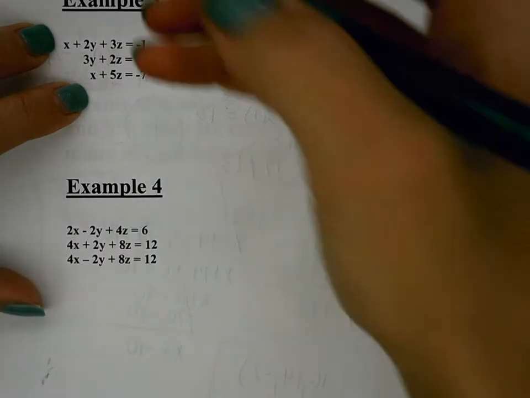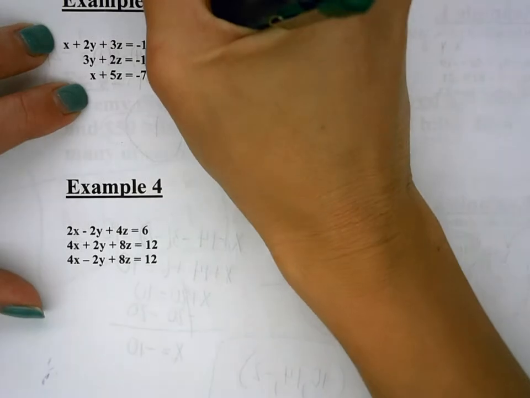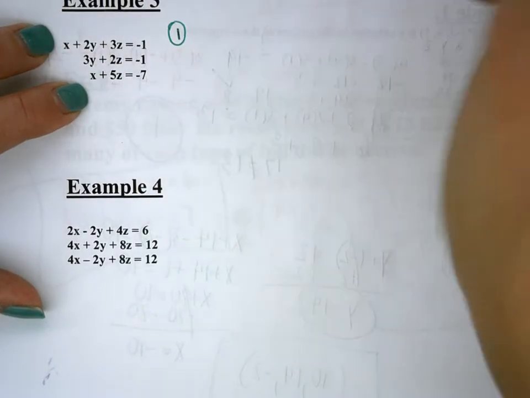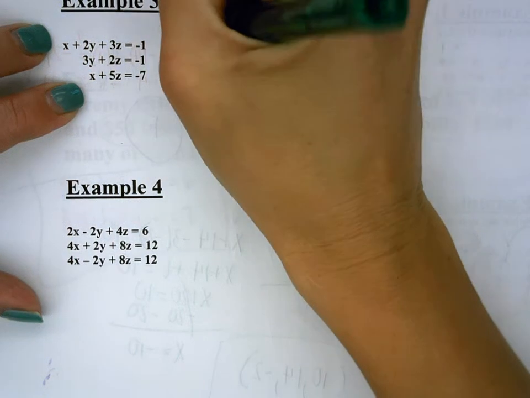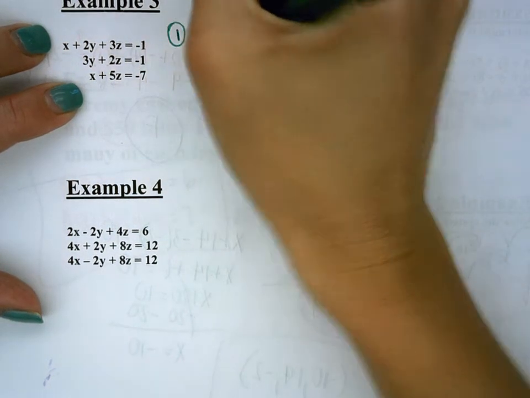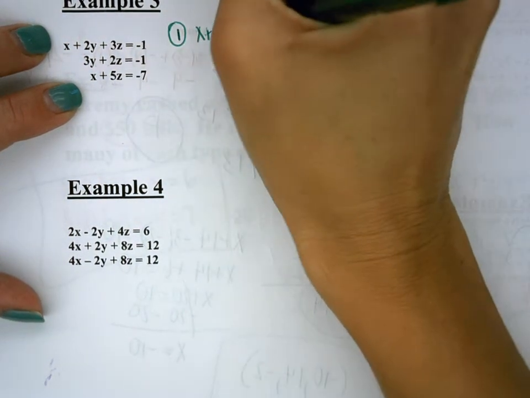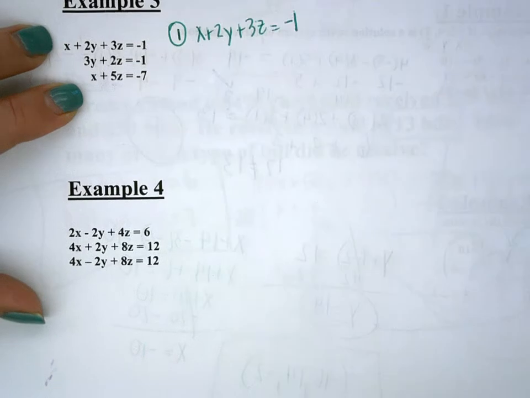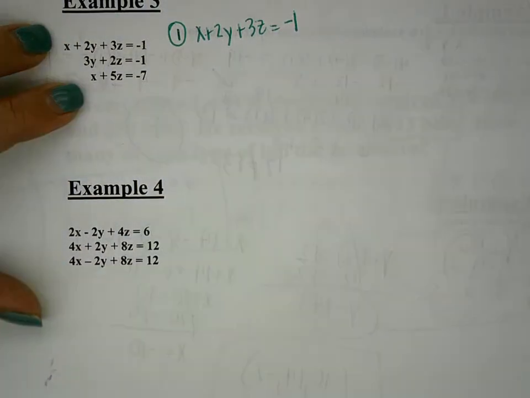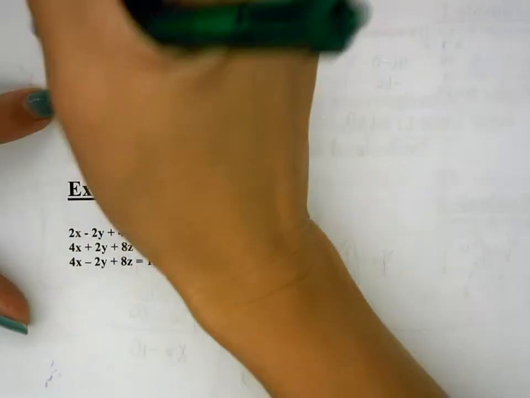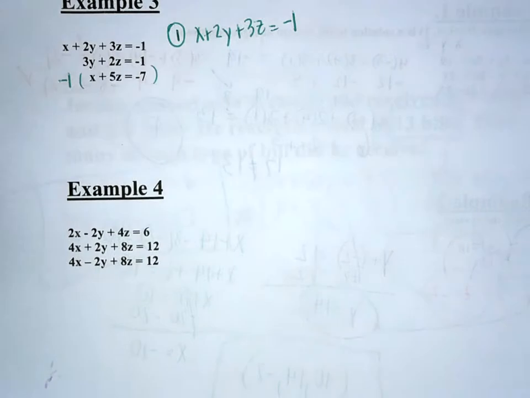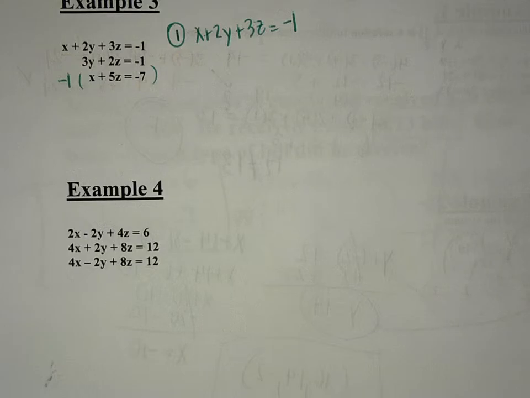So just to give you a progression, I'm going to write number 1 here, like this is our step 1. I'm going to first rewrite that top equation, which is x plus 2y plus 3z equals -1. Then I'm going to take this bottom equation and multiply it by a -1 so that it ends up canceling out the x's.